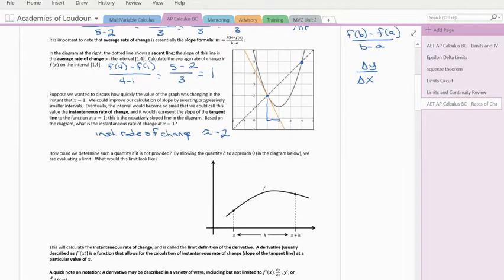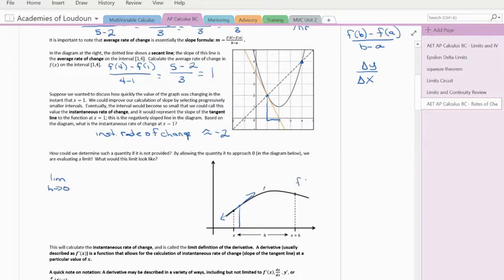So how can we determine the quantity if it's not provided? If we allow h to get smaller and smaller, as shown in this diagram here, we can approximate this rate of change. So what we want is to evaluate a limit. We want the limit as h approaches 0.